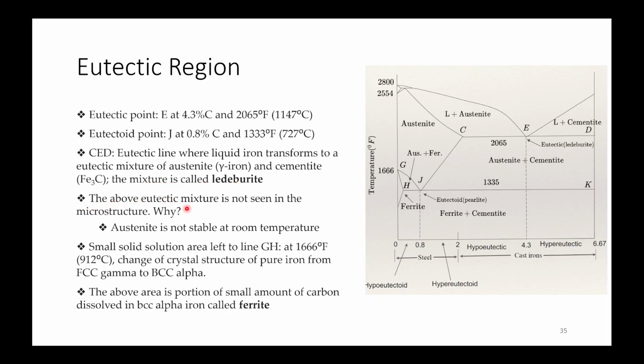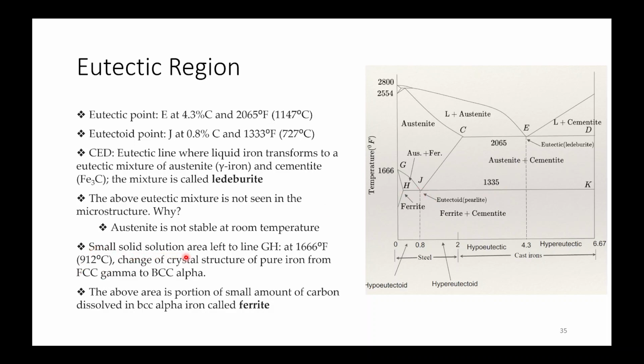The above eutectic mixture is not seen in the microstructure at room temperature when we look at steels, because the austenite, which is part of ledeburite, is not stable at room temperature. This austenite which is formed here will further convert into ferrite plus cementite. There will be formation of this eutectoid reaction.